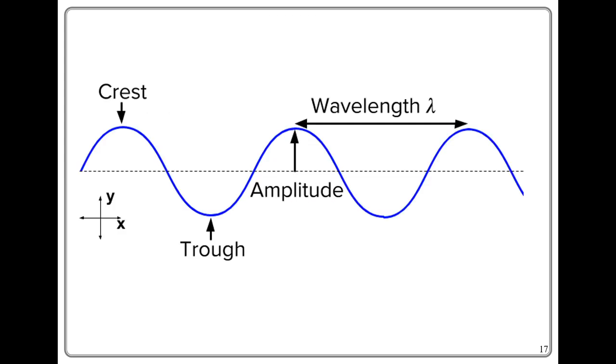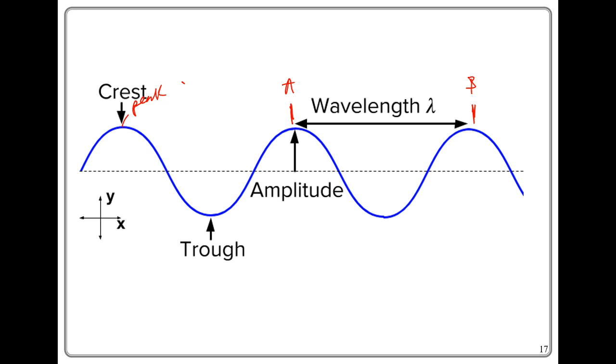So if you draw a wave, it looks something like this. You have the peaks here. When you're talking about the wavelength, you have a peak here and the maximum peak. The distance between A and B is what you normally refer to as a wavelength. A wavelength is just one complete cycle.